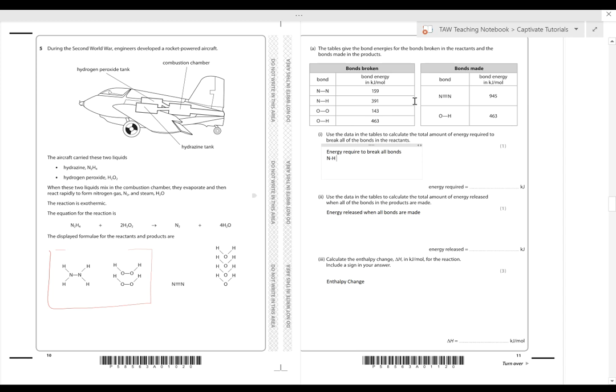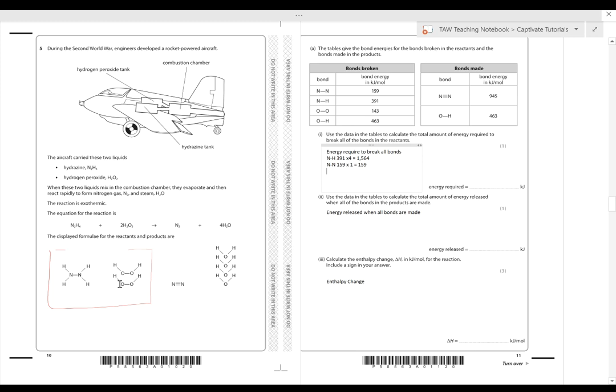Each one requires 391 kilojoules to break, times by 4. We also need to break a single nitrogen to nitrogen bond, and there's only one of those. So that requires 159 kilojoules per mole times 1. So we've done this molecule N2H4.